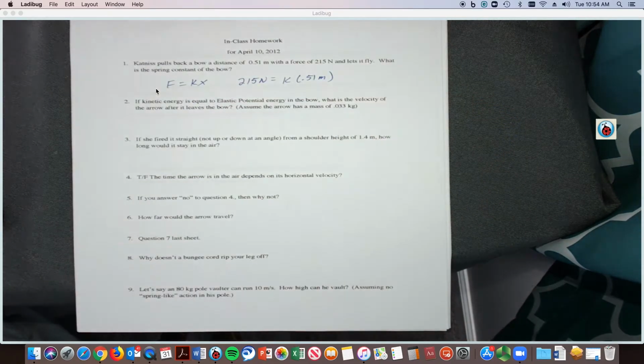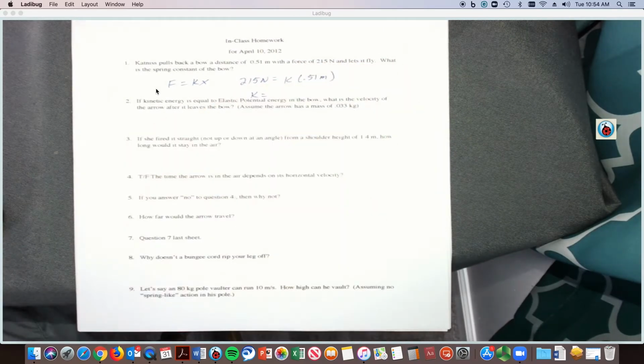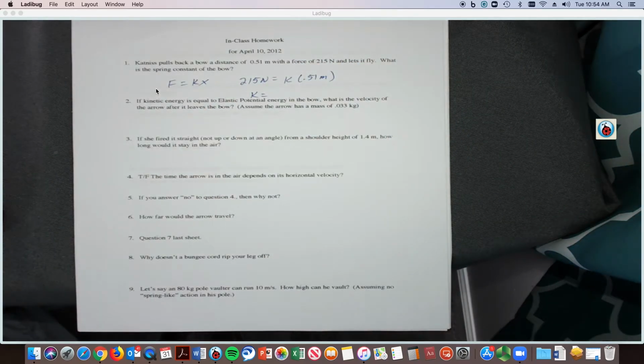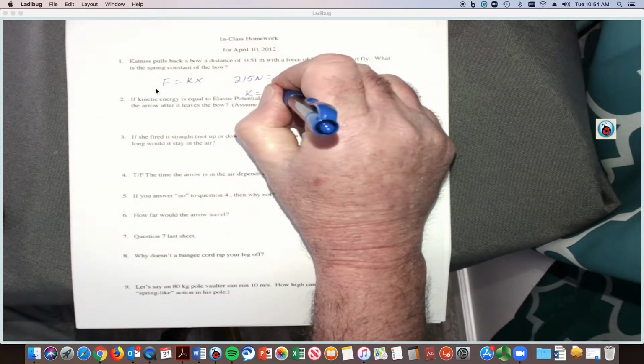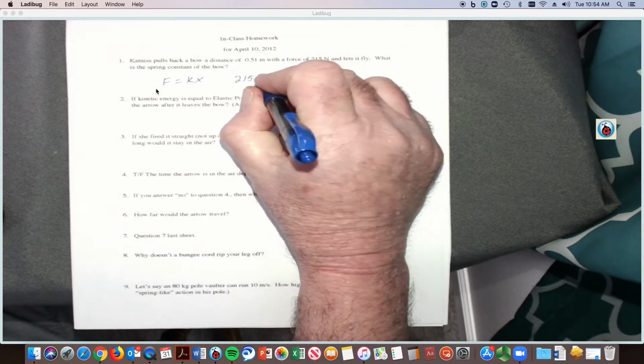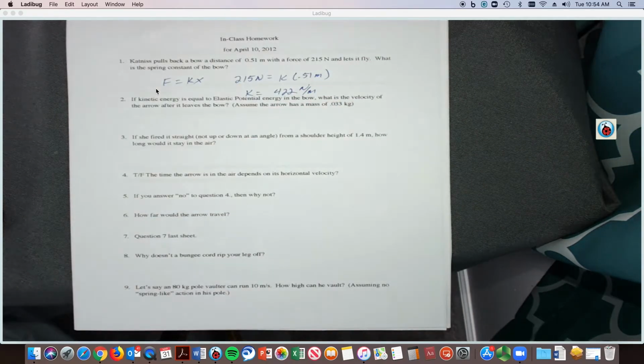And your students could handle this kind of stuff. This K is the stiffness of the bow. So 215 divided by 0.51, we've got about 422, and since we're doing newtons per meter, that's the force constant of the bow.